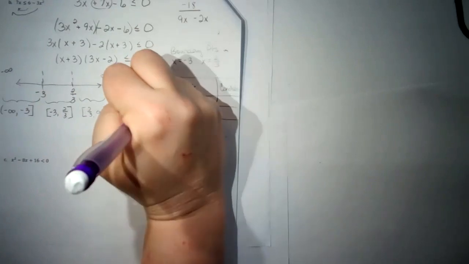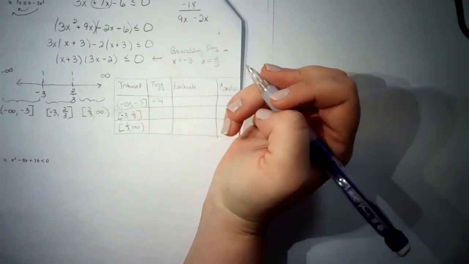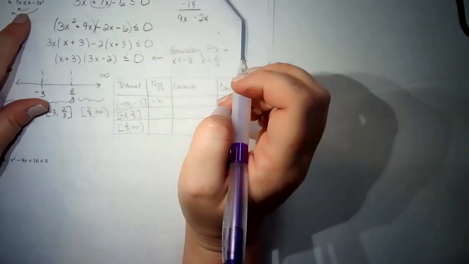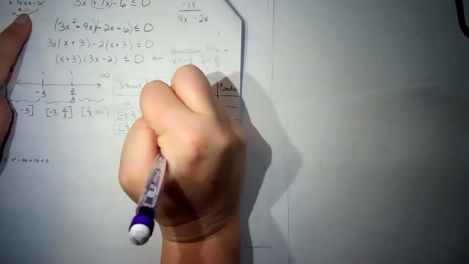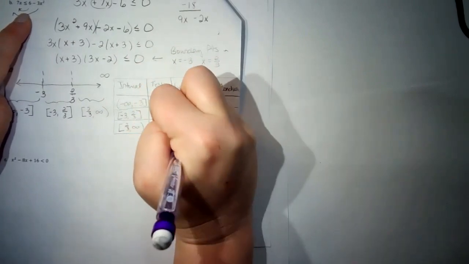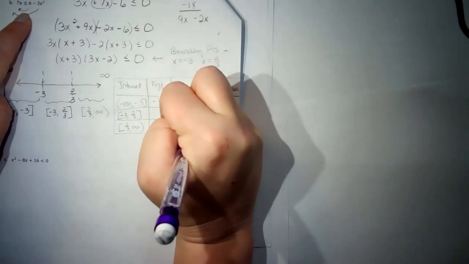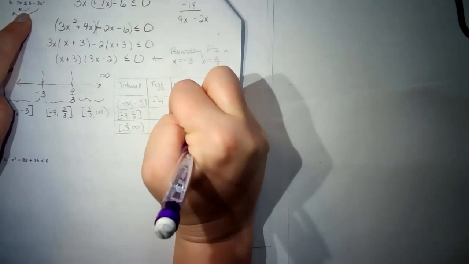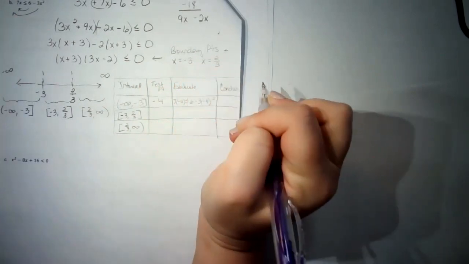Okay, something between negative infinity and -3, but it can't be -3. I'll take -4. Okay, here we go. So I'm going to evaluate it. I'm going to have 7 times -4, then I'm going to have 6 minus 3 times -4 squared.